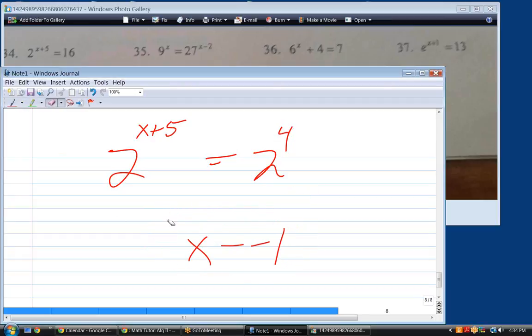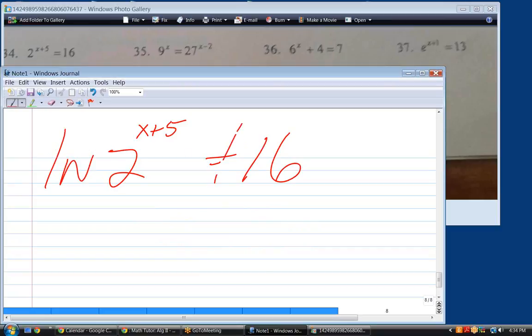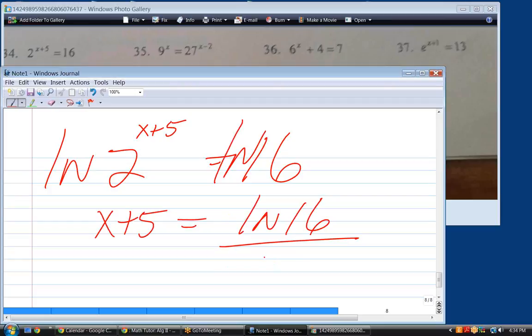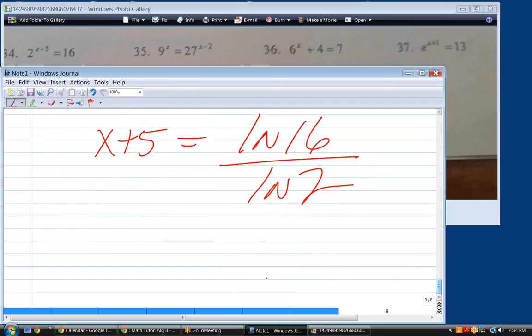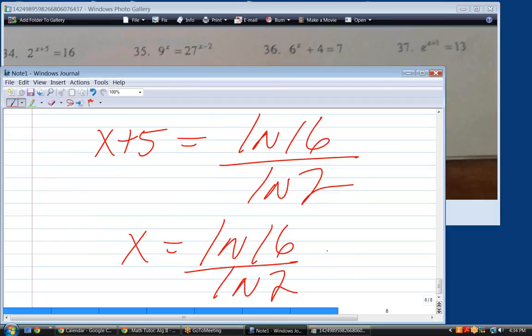Now, let's do it the other way, in case you don't realize that 16 and 2 have a common exponential base. So we're going to take the natural log of both sides. So now we have x plus 5 equals the natural log of 16 divided by the natural log of 2, which means x equals the natural log of 16 divided by the natural log of 2 minus 5.